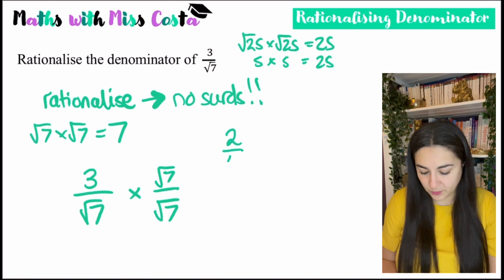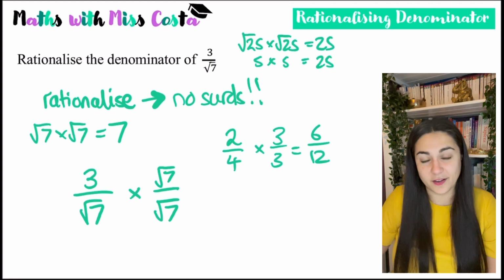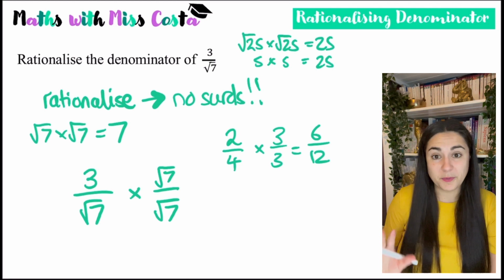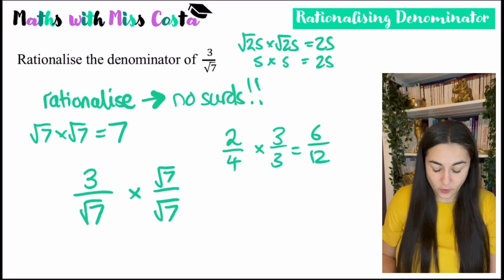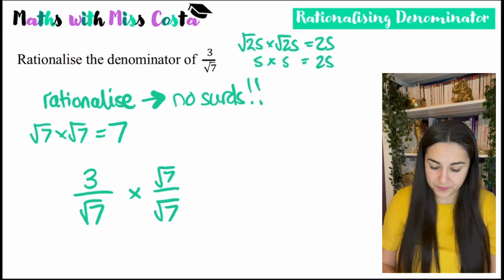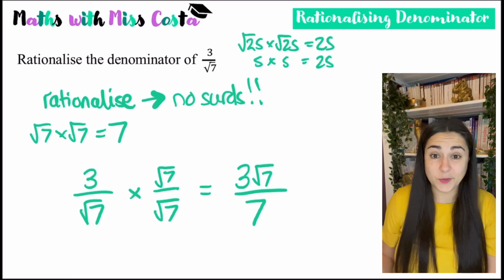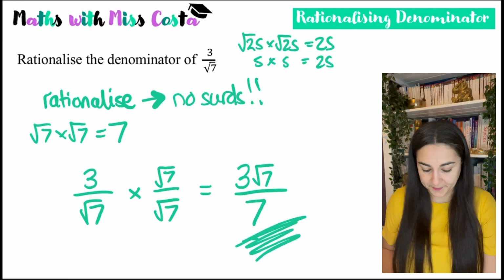Like if you had 2 quarters multiplied by, let's say 3 over 3, that would become 6 over 12, which simplified becomes 2 quarters or a half ultimately. So that's why we multiply by the same thing on the numerator and the denominator, because we're keeping the fraction in equal value. So what do I do? I just multiply across. So that would become 3 root 7 over 7. And that's all I do to rationalise the denominator.